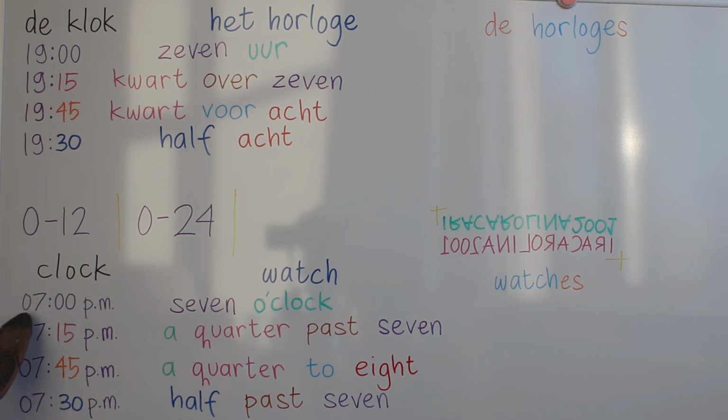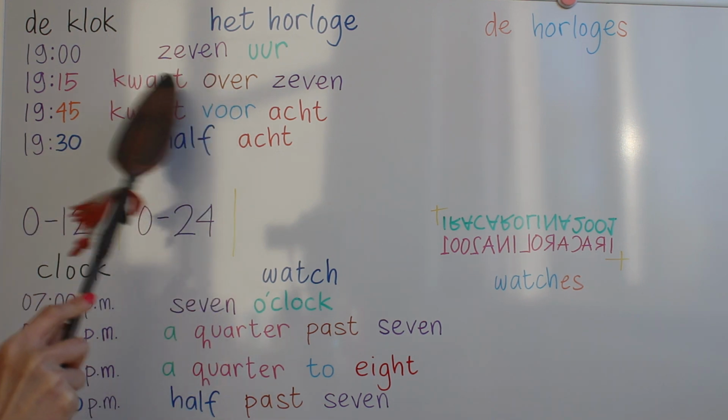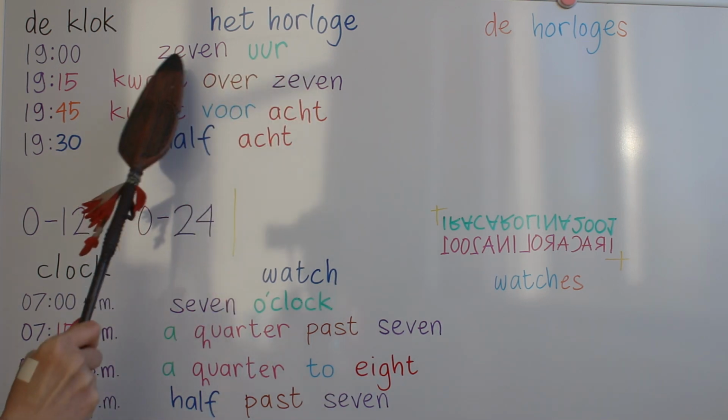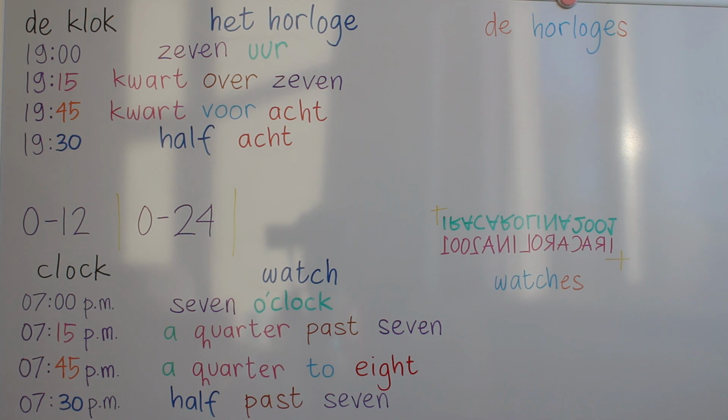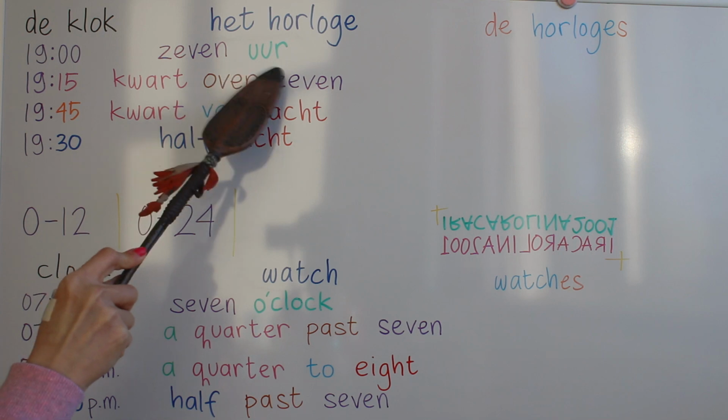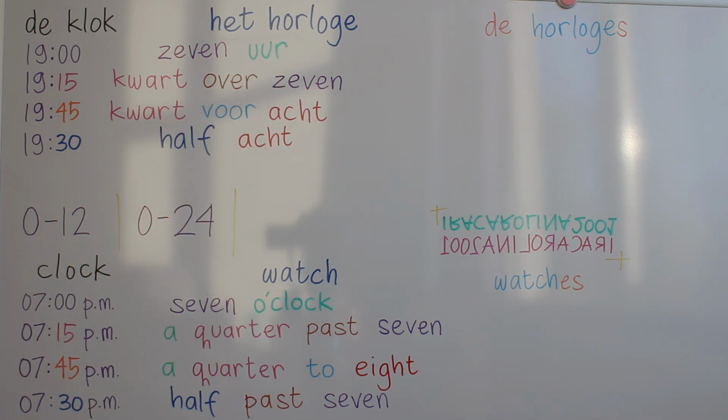In English, 7 p.m. In Dutch, we add 12, it becomes 19. We read it as 7 uur. The V itself should be bold. So, 7 uur.